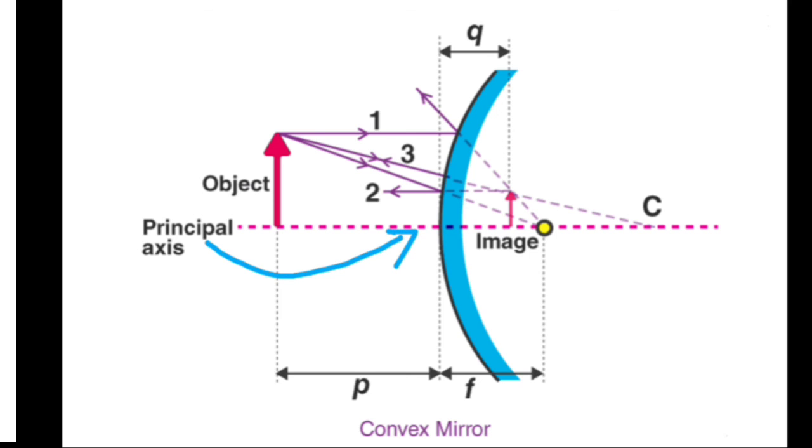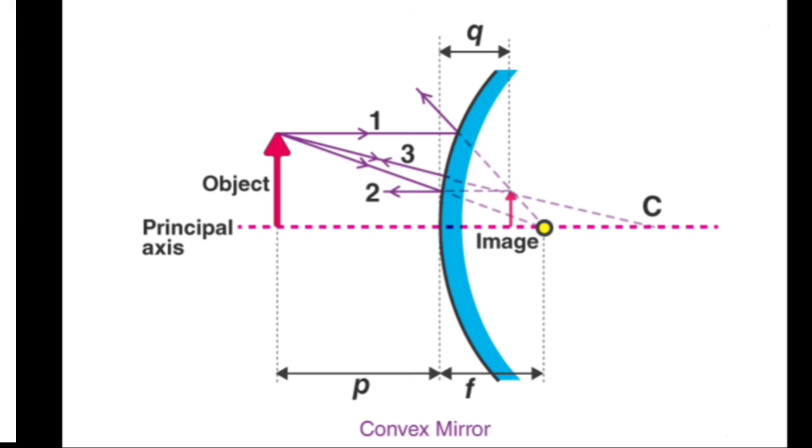I already told you that no matter where you place an object in a convex mirror, it will always form a virtual image. So here if you put the object between the pole and infinity, then if you consider ray number 1, according to the rule after reflection it will diverge, and if you extend this ray in the backward direction of the mirror, then it will meet at a point.